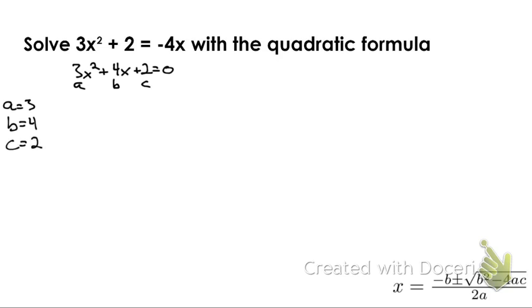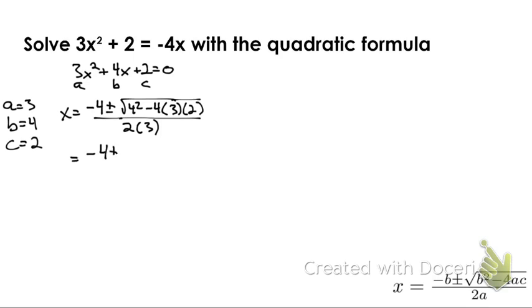So if we're using our quadratic formula, which once again is down here in the corner to reference, we have that x equals -b, so the opposite of 4, plus or minus the square root of b squared minus 4ac, and that's going to be all over 2a.